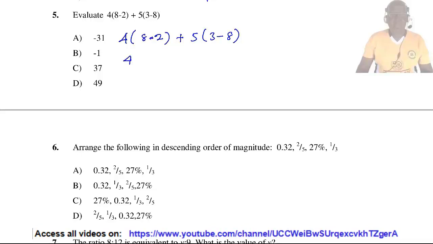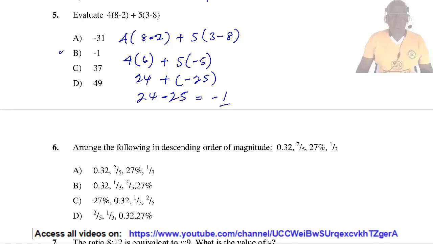So 4 times 6, since 8 minus 2 is 6, plus 5 times minus 5, since 3 minus 8 is minus 5. This is 24 plus minus 25. 24 minus 25 equals minus 1. So the answer is B.